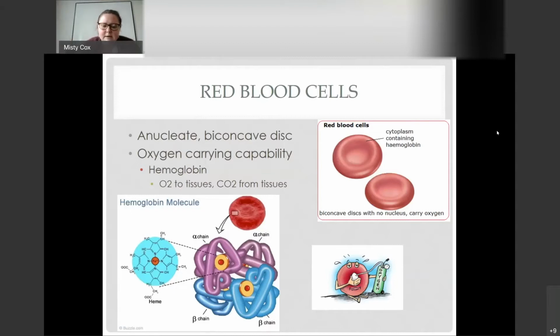On this slide, you can see the hemoglobin molecule. Hemoglobin is a protein, which is that purple and blue mixture, and that has a chemical on it called heme, which is the little chemical structure that you see. And heme is responsible for carrying oxygen. There are 4 hemes per hemoglobin, and each heme can carry 1 oxygen. So how many molecules of oxygen can be carried on a hemoglobin?